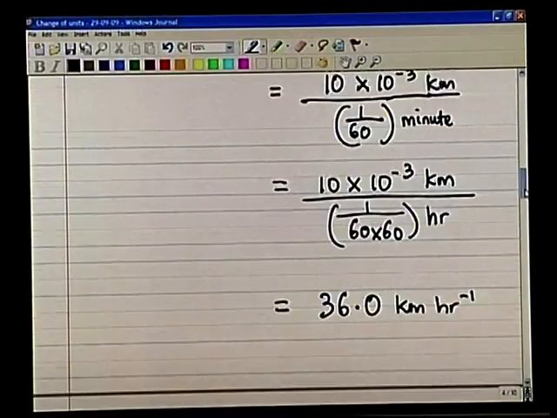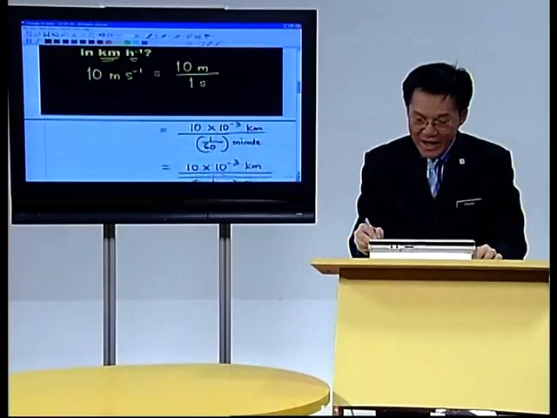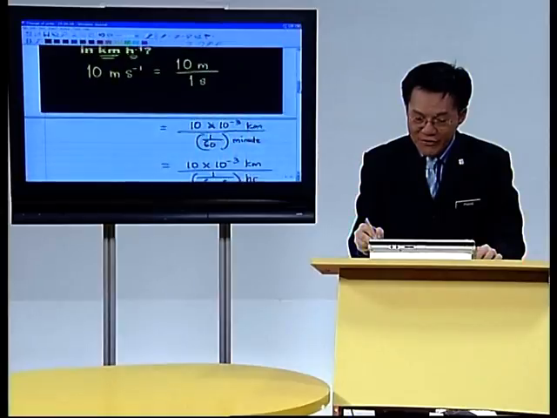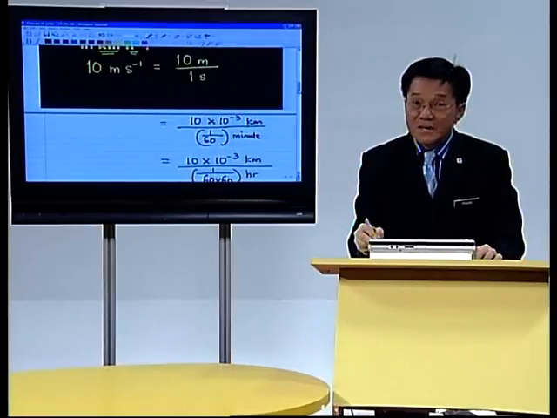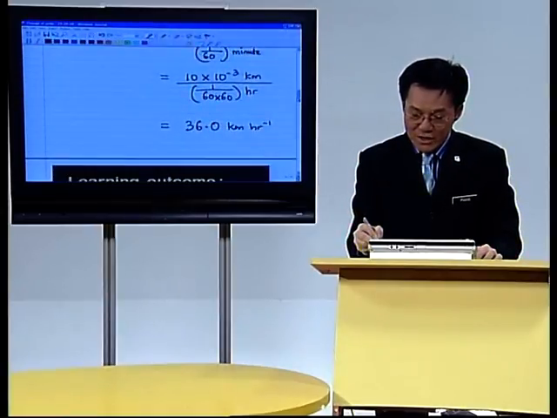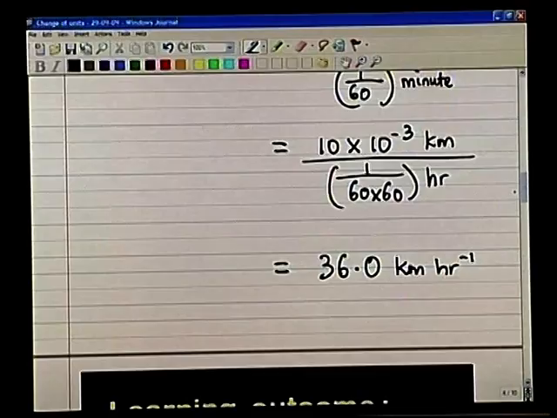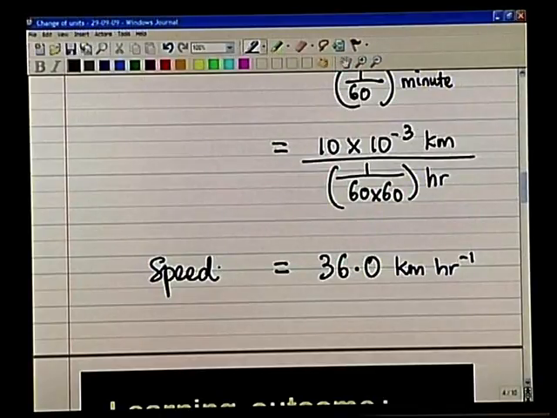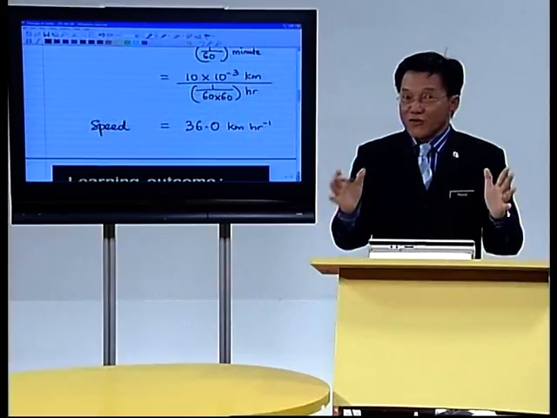Alright? So now if you look at this question, I have changed the unit from meters per second to kilometers per hour. So now the speed given in the question is about 36.0 kilometers per hour. It's quite straightforward, isn't it?